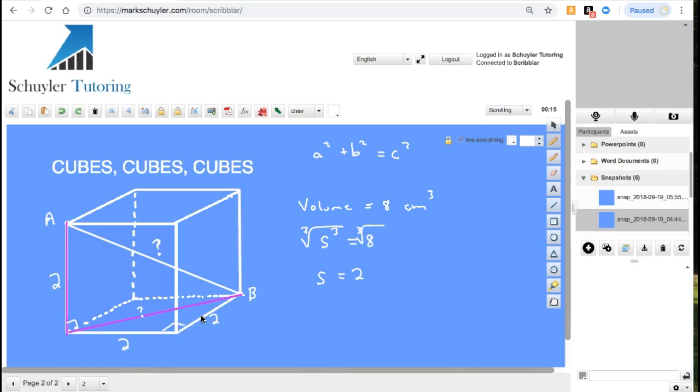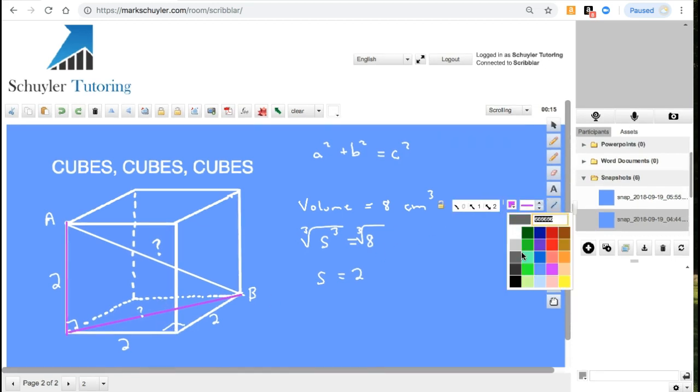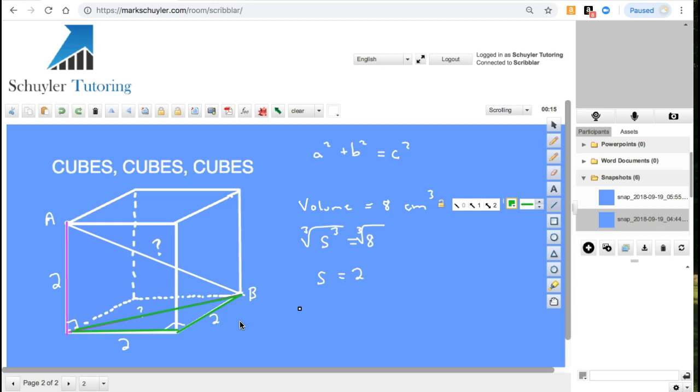Here's the right angle. And I'm going to change colors to something, again, that'll stand out. Let's get a different color going. We're going to notice that this leg, and that leg, and here is the hypotenuse of that triangle on the base of the cube.